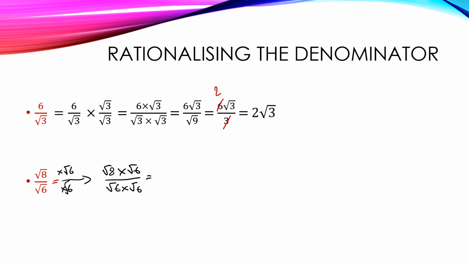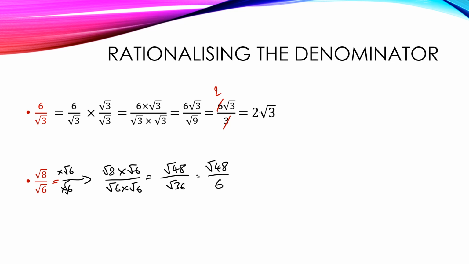We know square root of 6 times square root of 6 is going to be square root of 36. And then square root of 8 times 6 is going to be square root of 48. And then we know square root of 36 is just going to cancel down to 6. And square root of 48 could just stay as that if you wanted to.